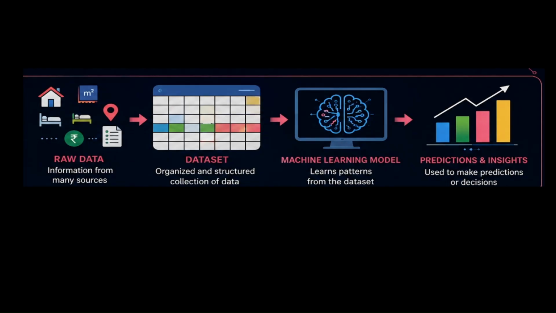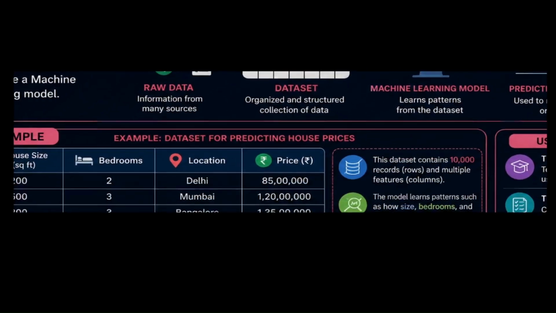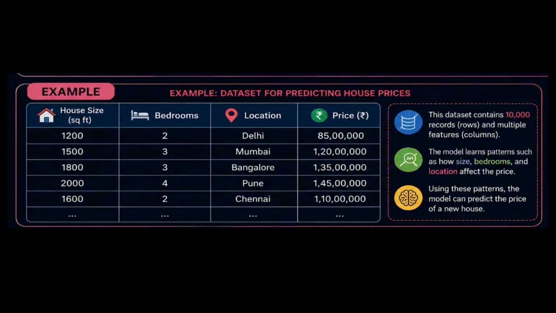So for machine learning, we usually divide the data set into different parts such as training and testing data. The training data is used to train the model, while the test data is kept separate and used later to check how well the trained model performs on unseen data.